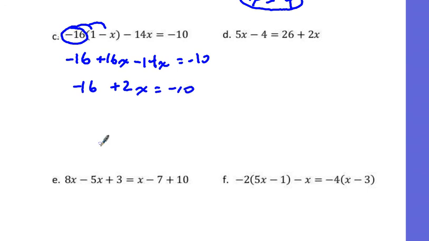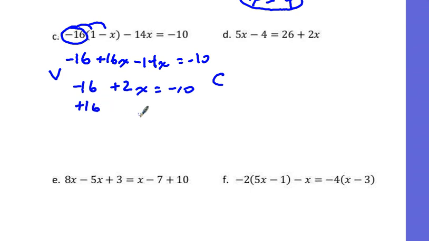At this point, we will use the addition property of equality that we spent time with earlier in this video, to get 16 over on the side of the equation where the constants will go, and we'll leave the 2x here on the left with the variables. So we will add 16.